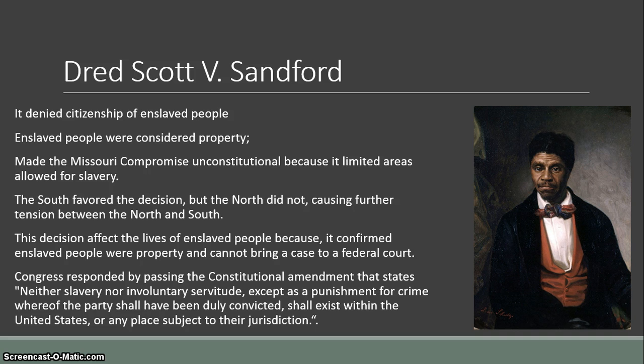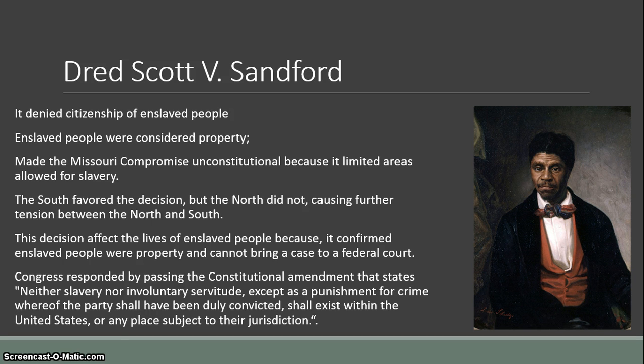And this sounds contrary to the Dred Scott case, which it was, because eventually Congress will respond to this by declaring the 13th, 14th, and 15th Amendments, which after the Civil War will say that no one can be a slave because it's against our Constitution. And like it says, the United States or any place subject to their jurisdiction.